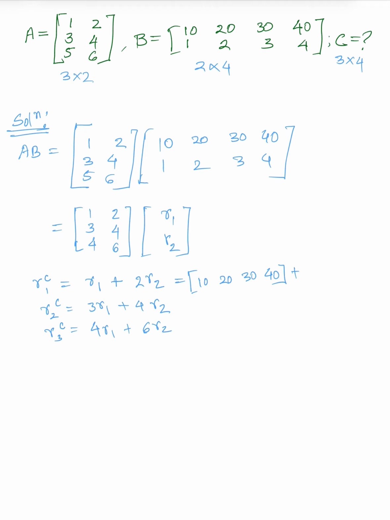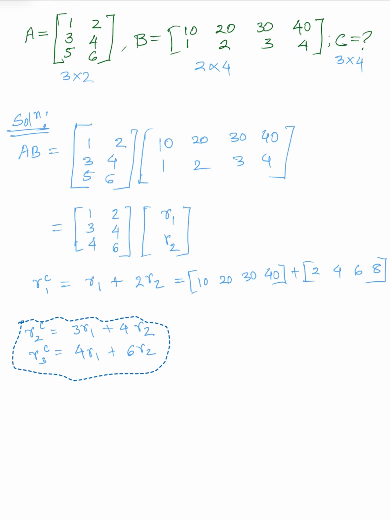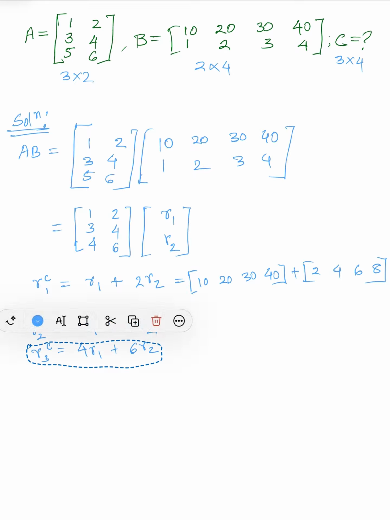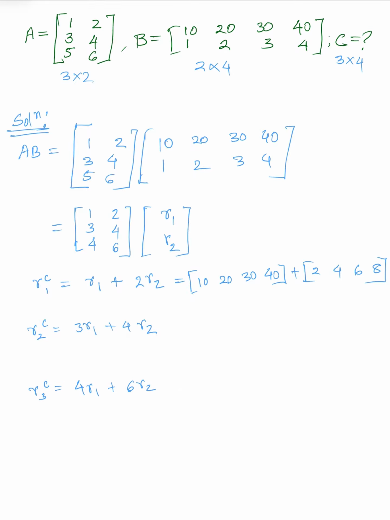And R2 is this: 2, 4, 6, 8. And then as we sum them up, we get 12, 24, 36, 48.